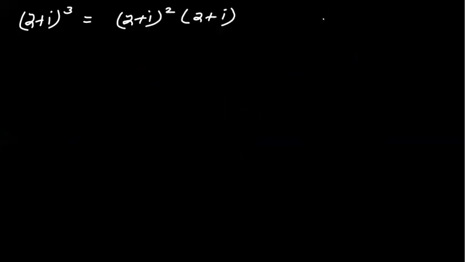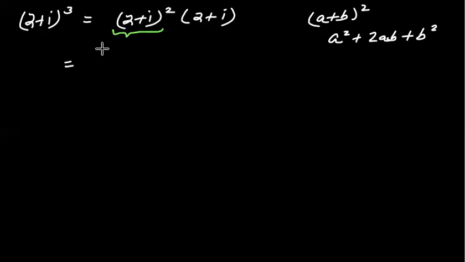And remember, (a plus b) squared is equal to a squared plus 2ab plus b squared. So here's this part right here. So a is 2. So this is going to be 4. a squared. 2ab. ab is 2i.